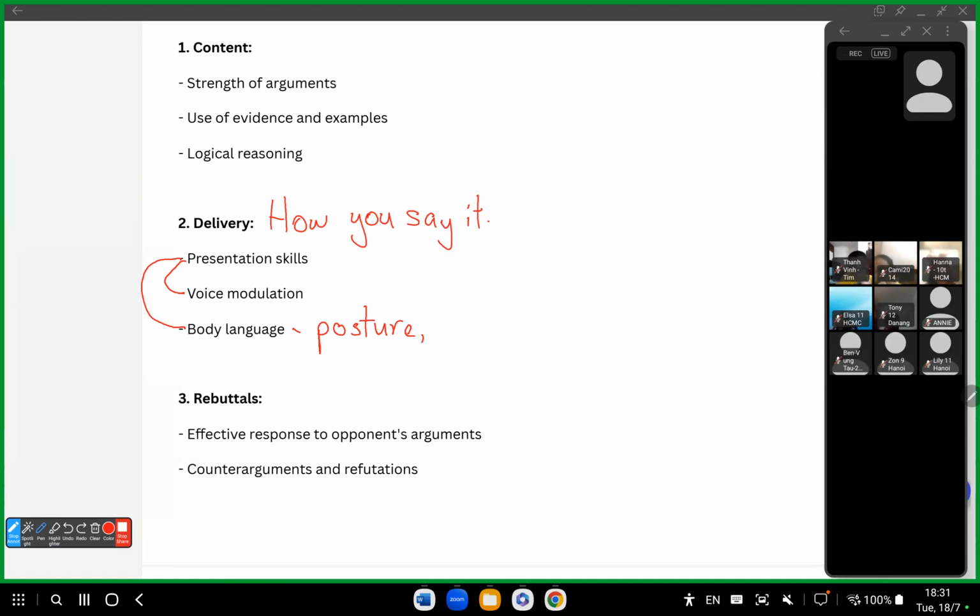It's also things like hand gestures and eye contact. So what is your body doing when you're delivering your arguments? We've then got voice modulation, which is things like volume, tone, speed. All of these things tie into your presentation skills.